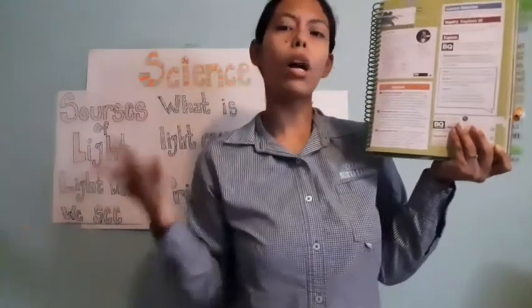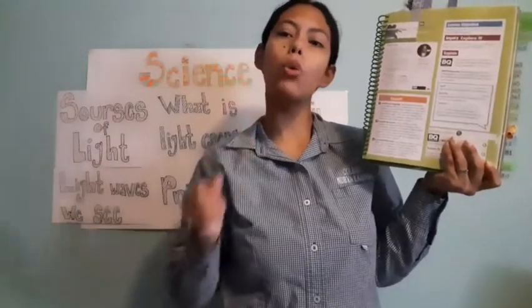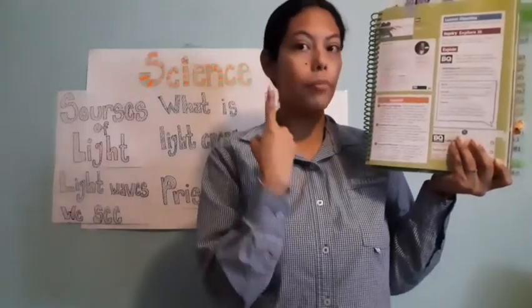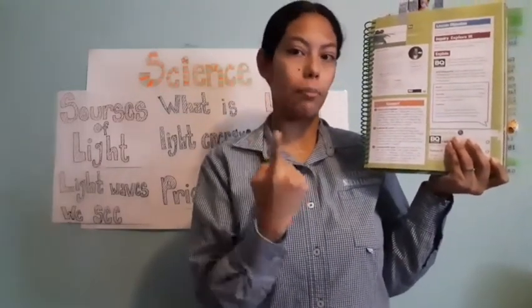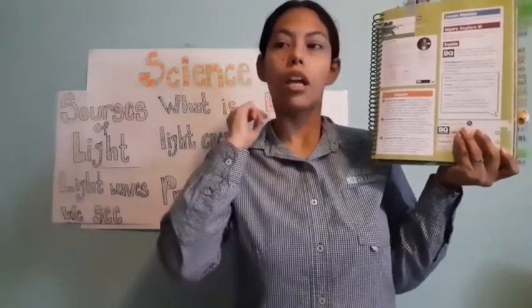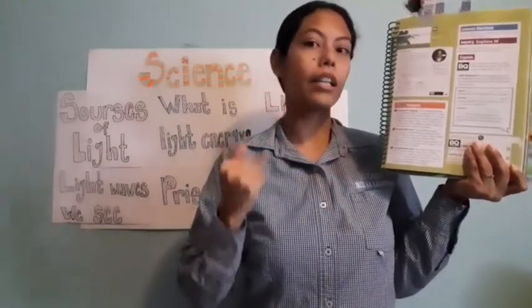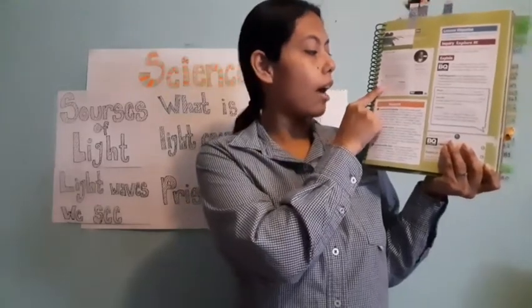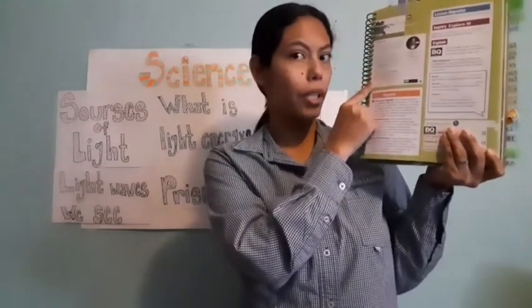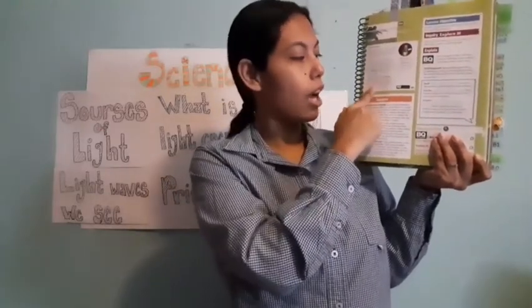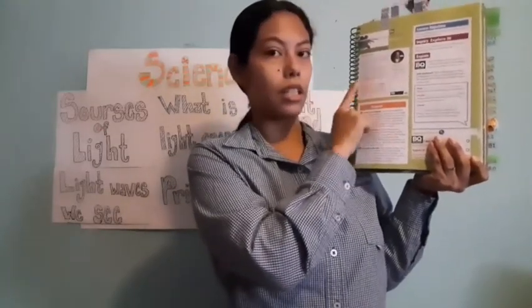Why do you think that the sun is the most important source of light? Remember that we need the sun for the plants. We need the sun because it gives us the light and it gives us a very comfortable temperature to live. So it's very important. Use these facts to answer this activity.